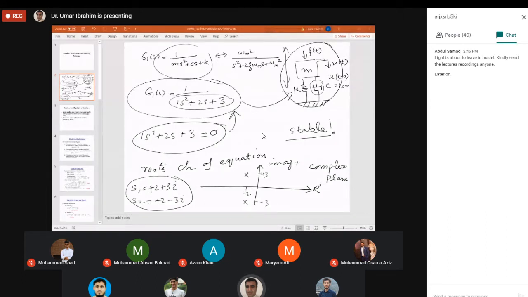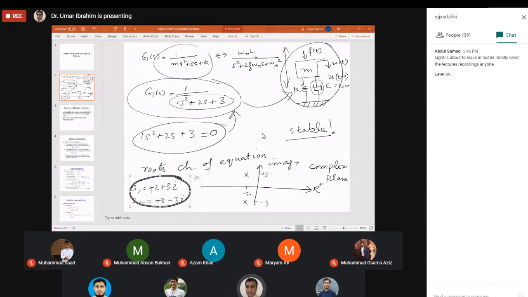You are able to see my presentation? Yes, sir. Okay. So if you look at the roots here, these roots, you can tell whether the system is stable or not. If there is a positive sign for the real part of the roots, then the system is unstable.